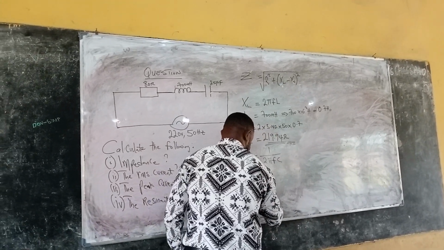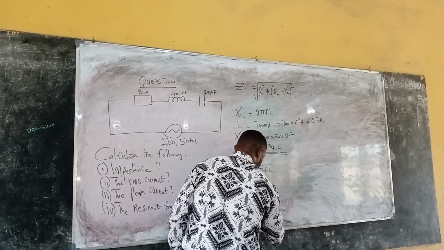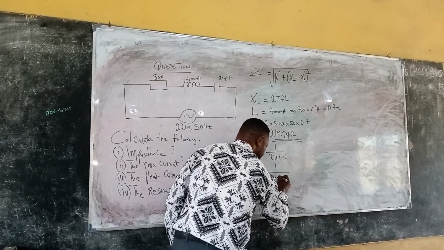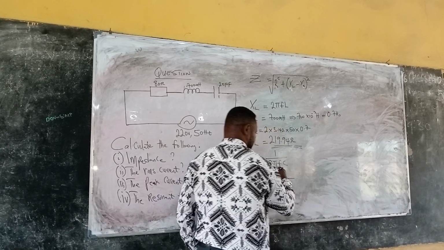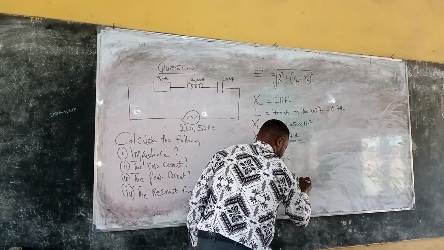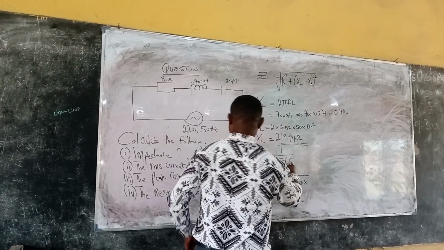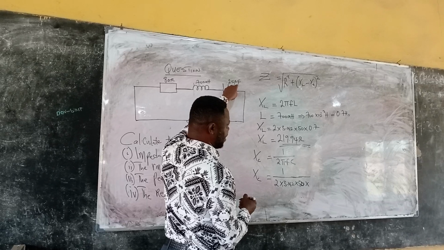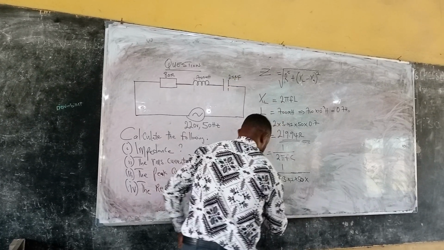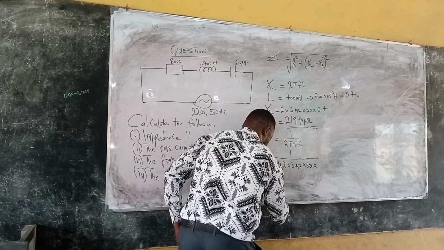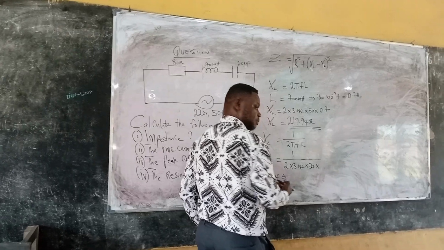So we solve it as XC equals 1 over 2 times pi, 3.142, times F, 50, then multiplying the capacitance, which is 25 microfarad. Now we know that 25 microfarad is the same thing as 25 times 10 raised to power minus 6 farad, since micro means 10 raised to power minus 6.